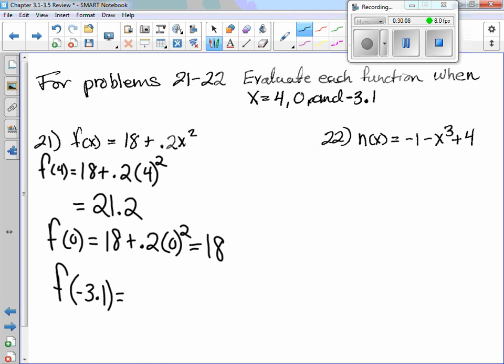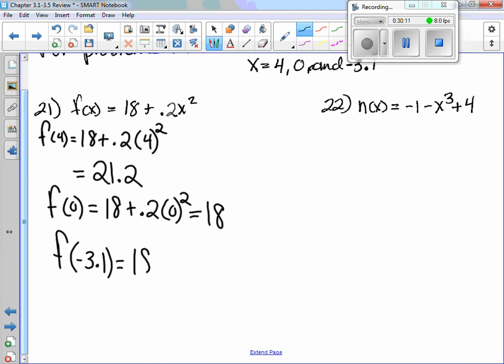Now the last one for this here. 18 plus 0.2 times negative 3.1 squared. Now I'm going to need y'all to do this one here because doing negative 3.1 squared in my head is a little hard. I don't have that memorized.